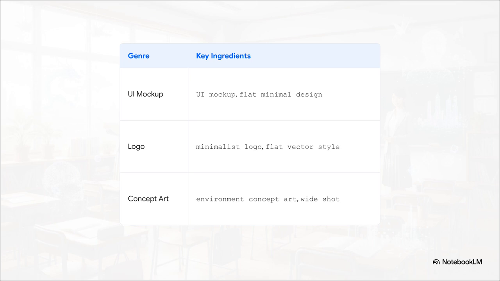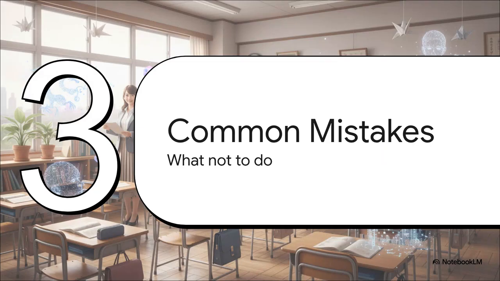For a logo, simplicity is absolutely everything. Using phrases like minimalist logo and flat vector style tells the AI to create something clean and iconic, not a tiny painting. And for concept art, you want to evoke scale and atmosphere. So you use terms like environment concept art and wide shot to get that grand cinematic feeling you see in movies and games. Of course, even the best chefs make mistakes in the kitchen.